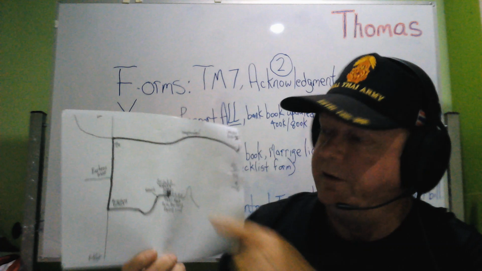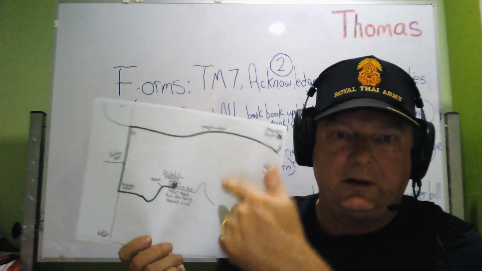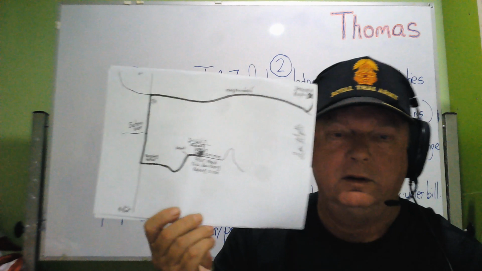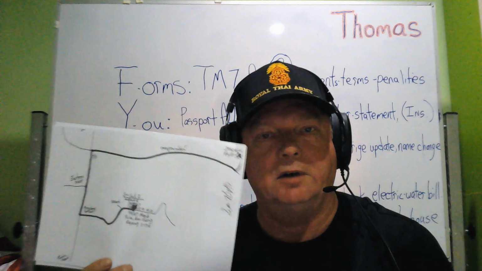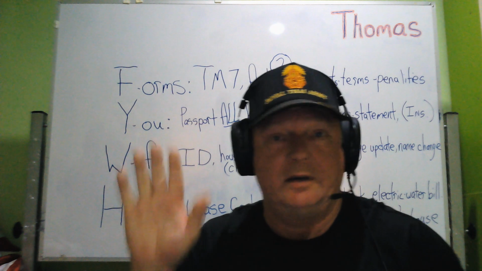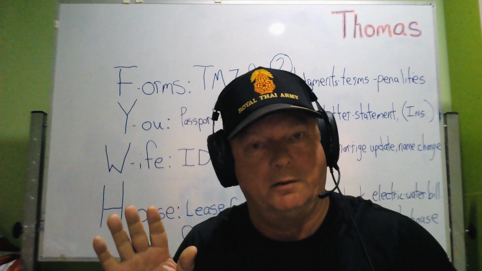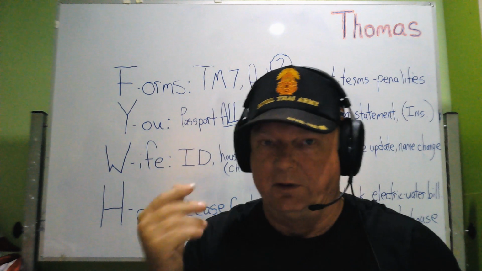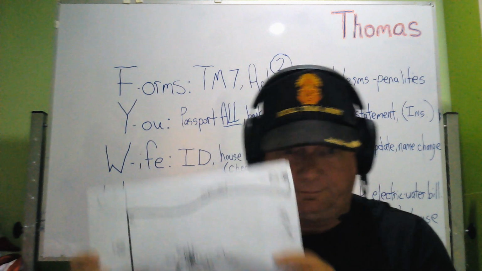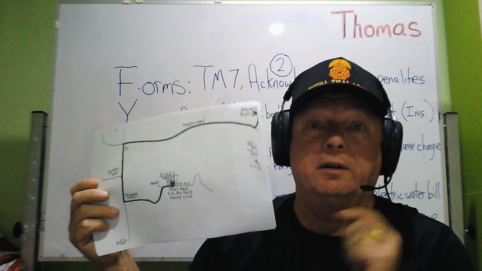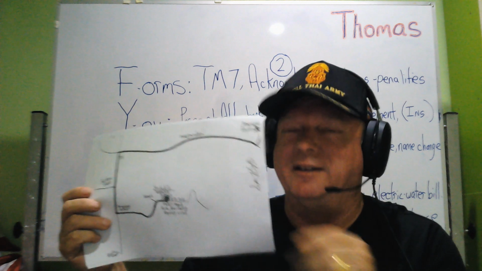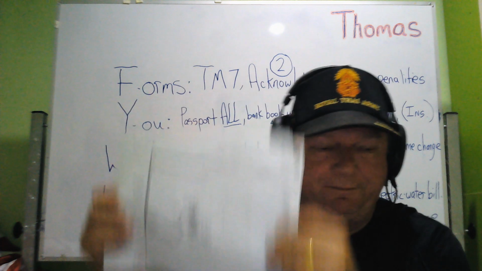Now I did this in color and gave them a color copy so they could see a little clearer. The immigration officers are going to come to your house if you're on a family visa. I don't know if they do that on a retirement visa because I've never been on a retirement visa. Maybe they don't come visit you. If you're on a retirement visa, maybe you could comment on that. But for sure, if you're on a marriage visa, family visa, they're going to come visit your house, okay? So you need that map.